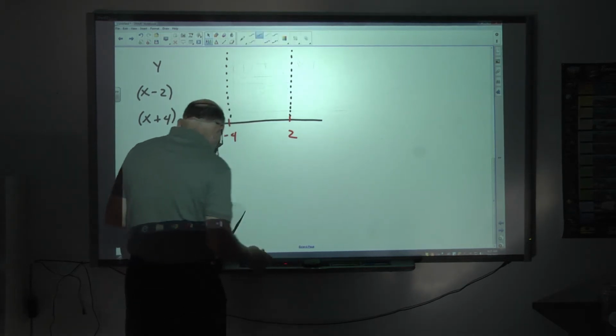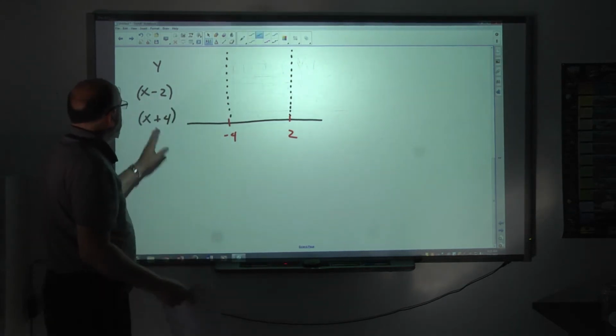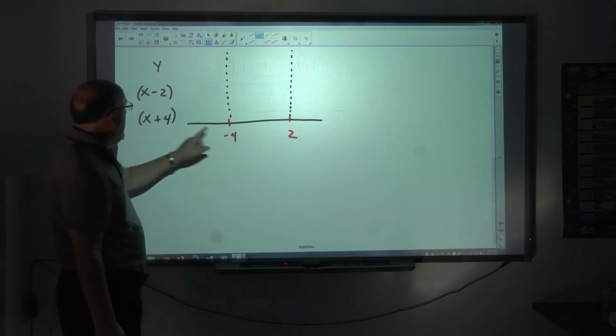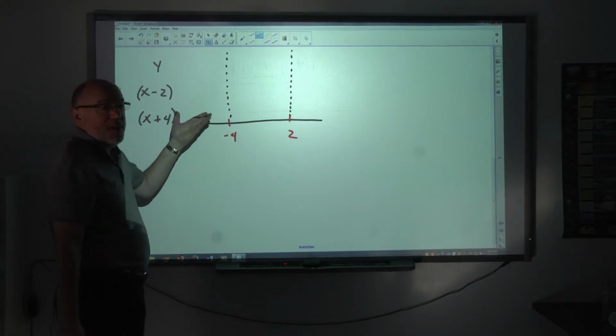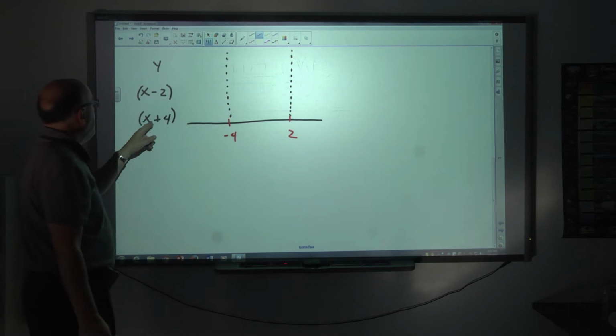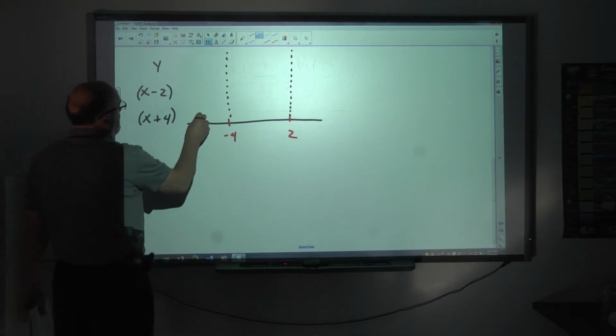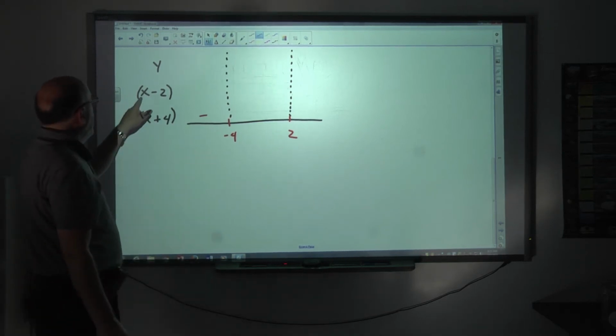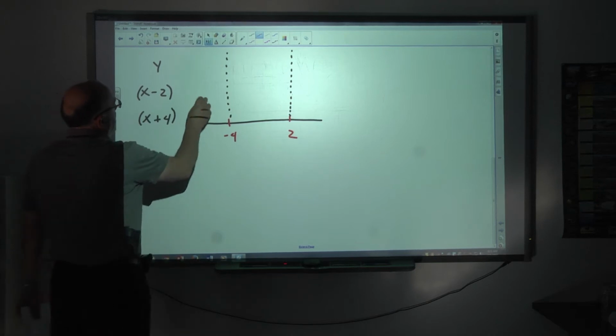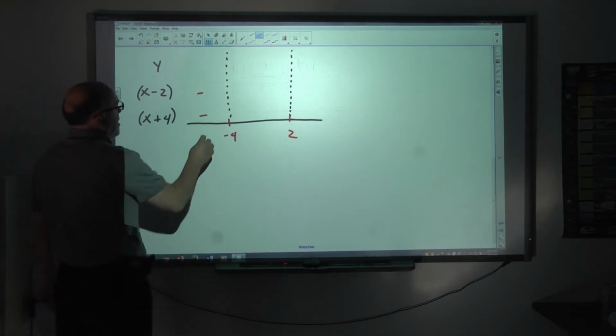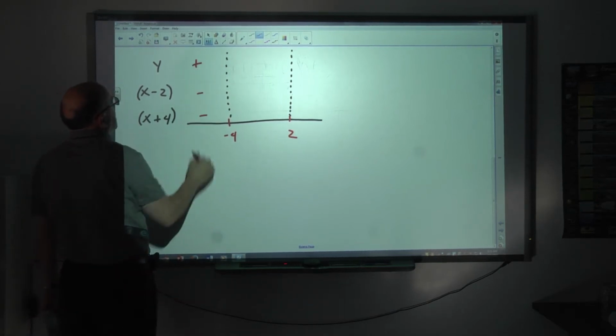So when x is less than -4, think of a number like -100. -100 plus 4 is going to be a negative number. Again, if I plug in here, this will be a negative number, and a negative times a negative is going to give us a positive number.